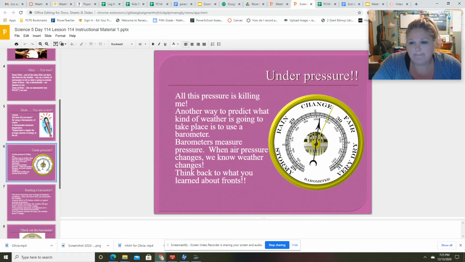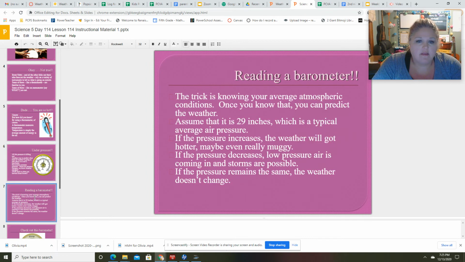So that's what it looks like. So 29 inches is typical average air pressure. So if it is a higher air pressure system, I try to make it easy to memorize because it is hard. But a high air pressure system is like good weather, and then low pressure is like storm, rain, snow. Those are usually low pressure systems.